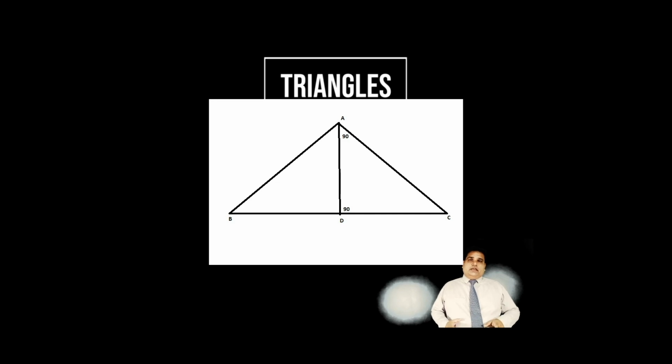The altitude drawn from the vertex with the right angle to the hypotenuse divides the given triangle into two similar triangles, each of which is in turn similar to the original. So we are getting three similar triangles.